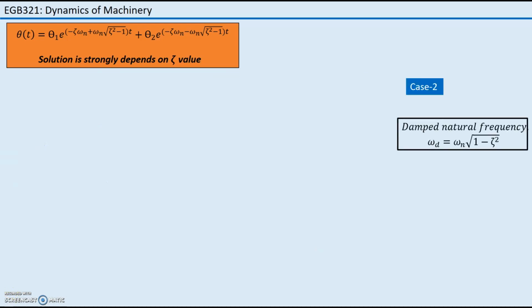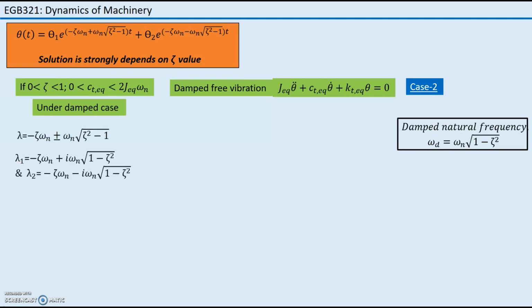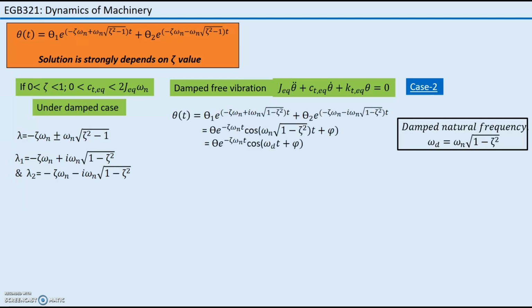The next case is damped free vibration, where zeta is between 0 and 1, so the torsional equivalent C will be more than 0 and less than 2 J equivalent omega n, and this case is called the underdamped case. In this case, lambda will have two complex conjugate values, and using the Euler formula, the solution will have a negative exponential part and a cosine part.